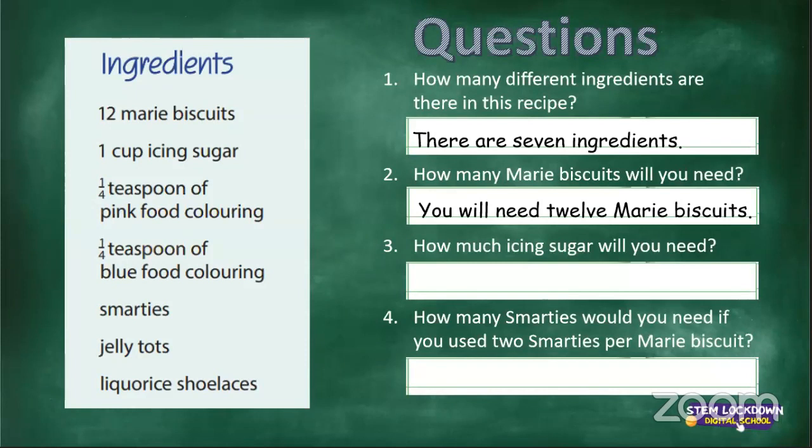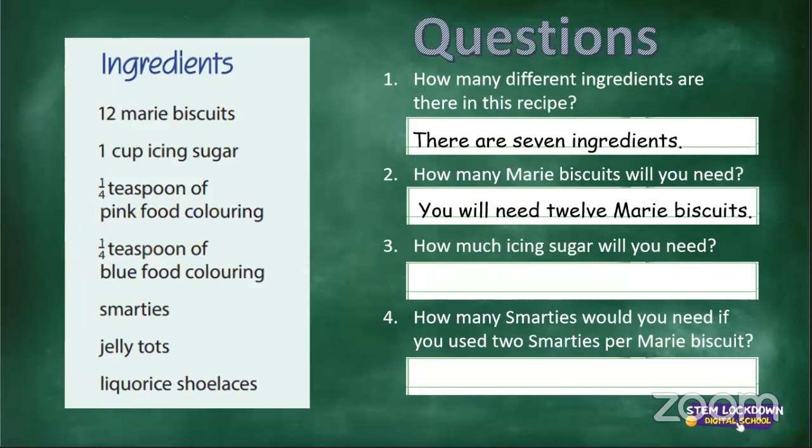Number 3, how much icing sugar will you need? Remember to start with a capital letter. You have to have a verb. Now the Mori biscuit answers are coming through.